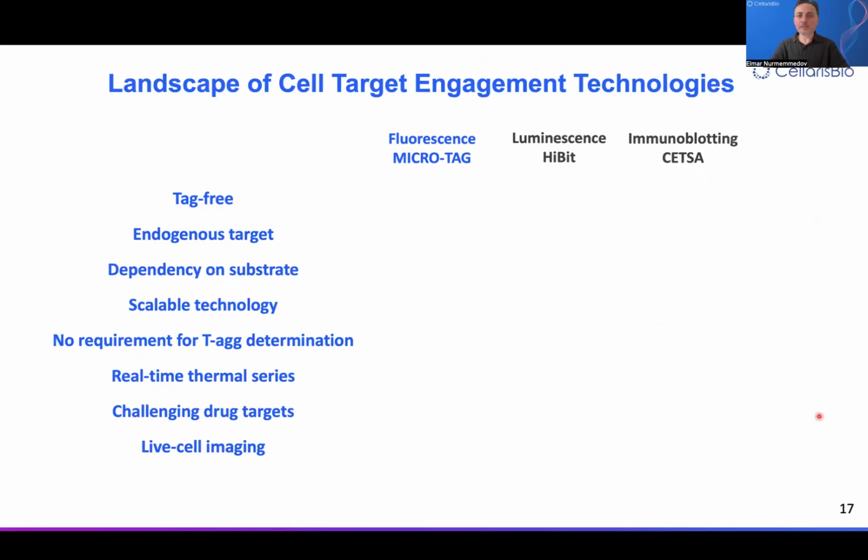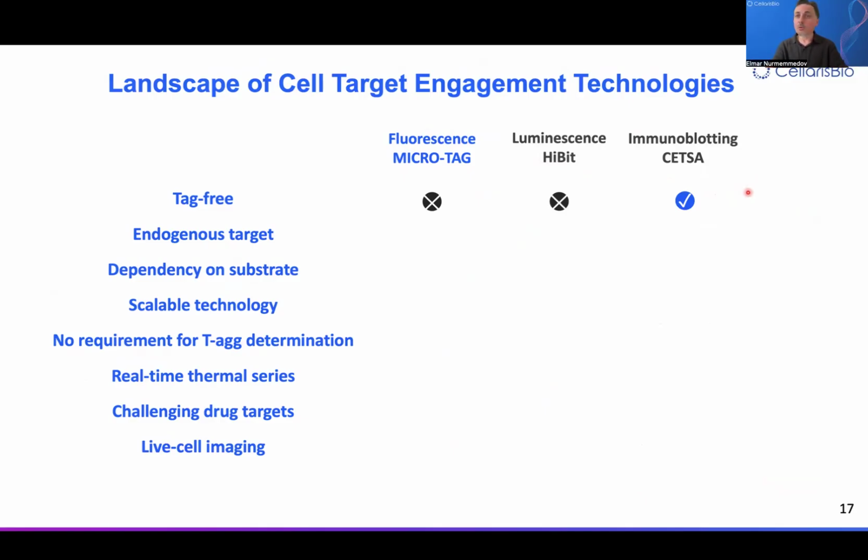The landscape of cell target engagement technologies has been evolving in the past few years. Now we have great technologies like CETSA, like HiBiT, and microtag systems. Now, it's important to acknowledge that CETSA is the only tag-free system in the cell target engagement realm.